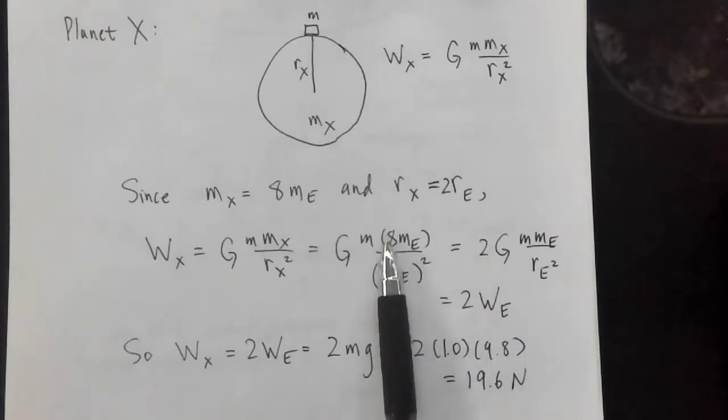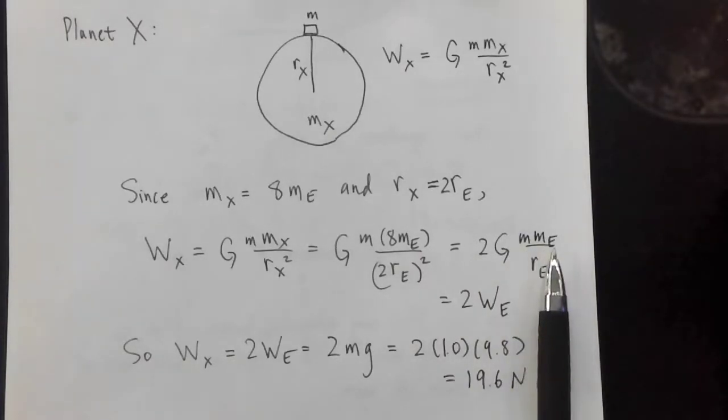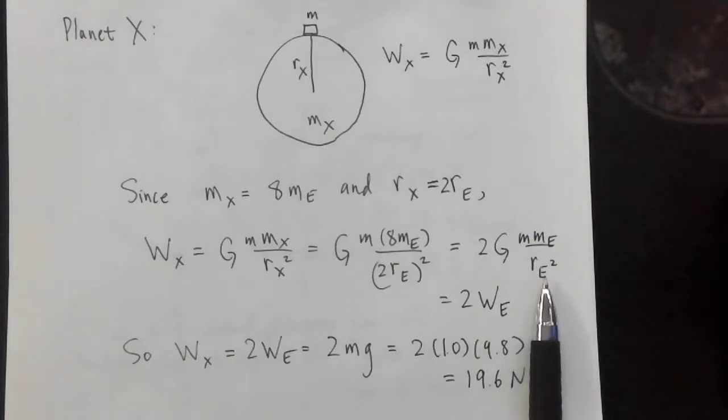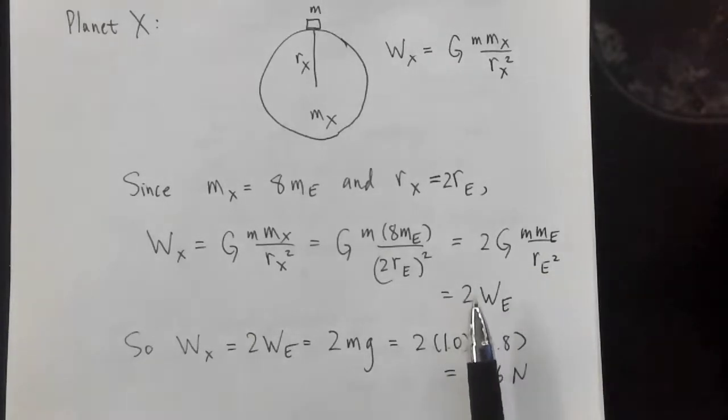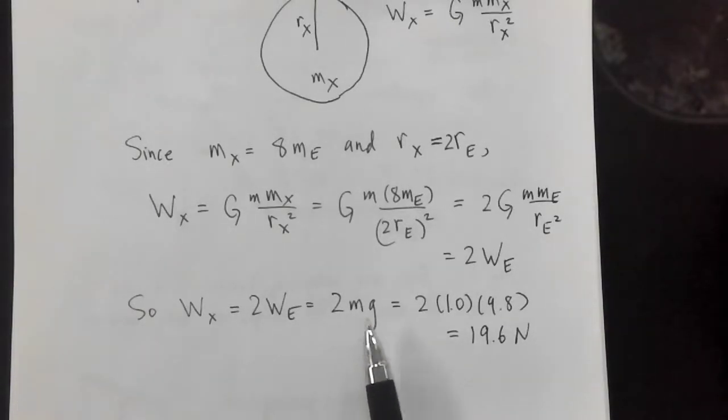And so this becomes, I have an 8 here, and I have a 4, or 2 squared, which is 4. So I get a factor of 2 times G m Me over Re squared. That's going to be 2 times the weight on Earth. But 2 times the weight on Earth is 2 times m small g. And g on Earth is 9.8, so it's 2 times 9.8, which is 19.6.